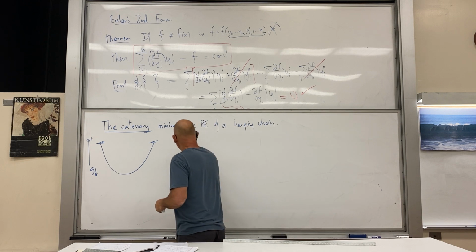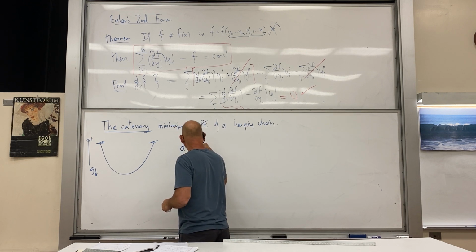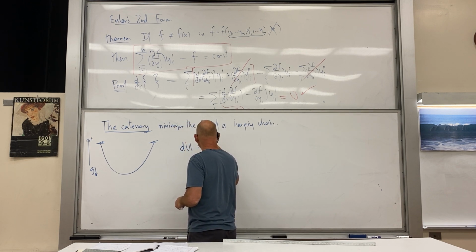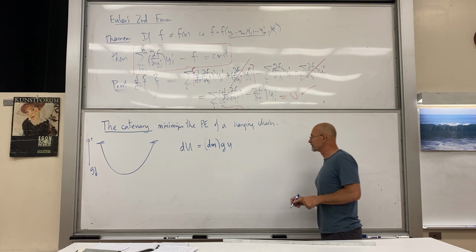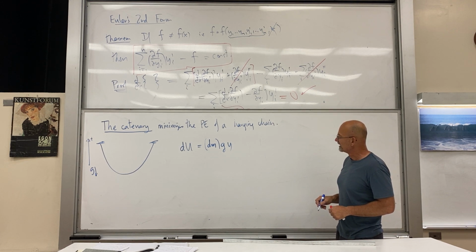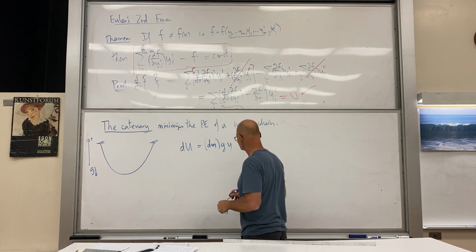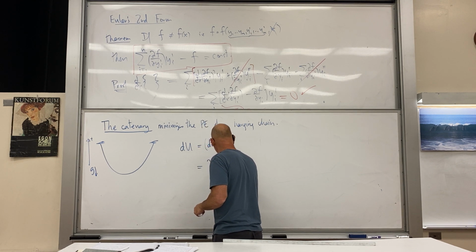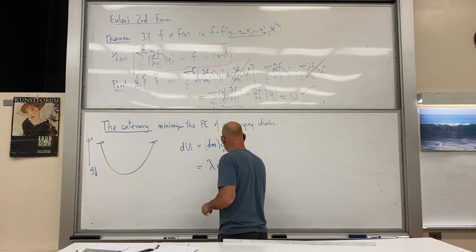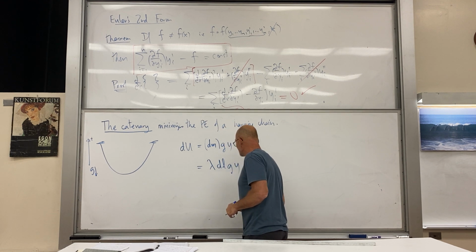So the potential energy du we can say is dm times g times y, right? dm times g times y, and then we'd integrate that up. This dm would be a linear mass density times dl times g times y.